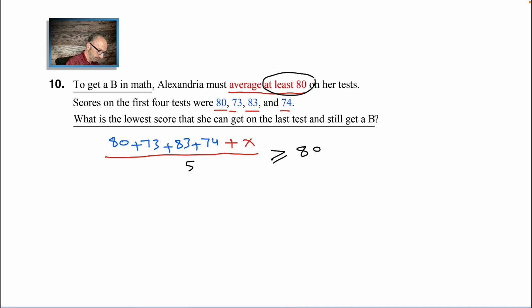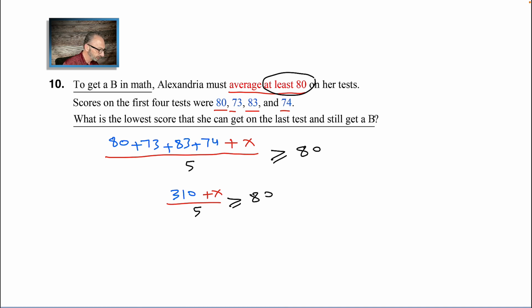To finish it, adding 80 plus 73 plus 83 plus 74, I have the math as 310 to save you some time, plus X over 5 greater than or equal to 80.